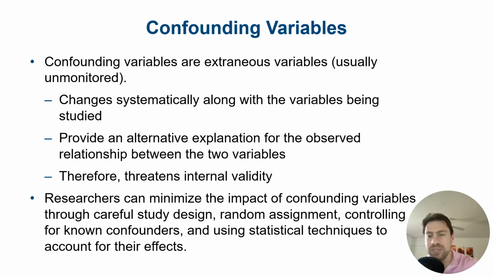So what's to be done? Well, to minimize the impact of confounds, you can employ careful study design, random assignment, controlling for known confounding variables, and using various statistical techniques that are designed to minimize the impact of confounds. And throughout the course, we'll revisit some of these ideas in greater detail.